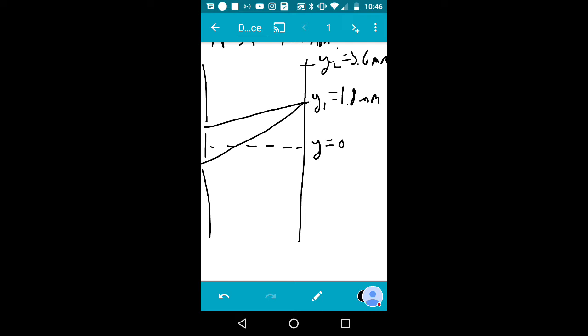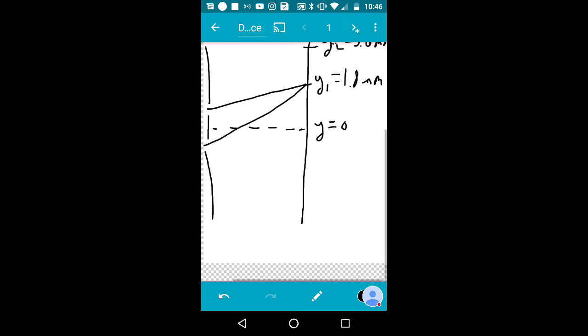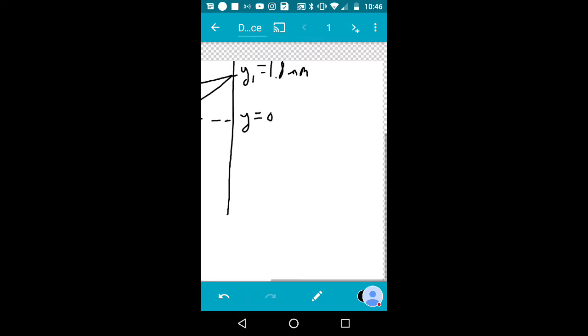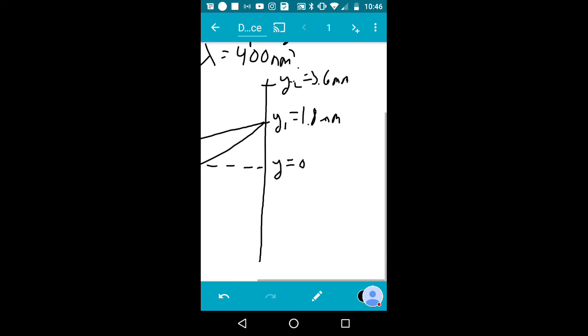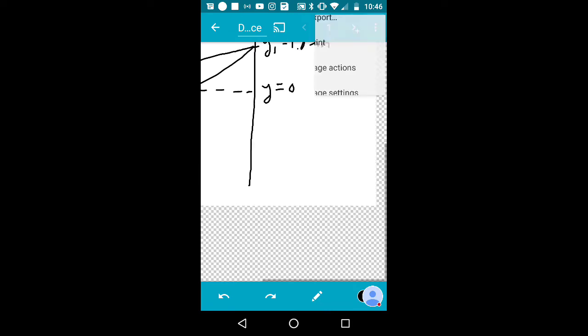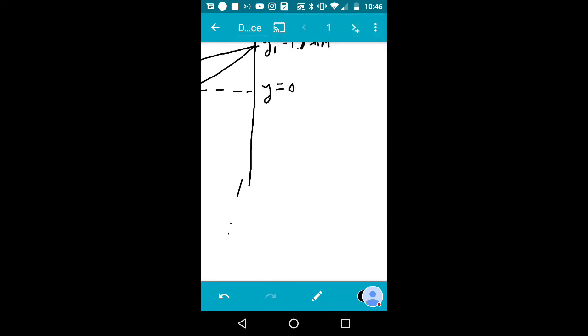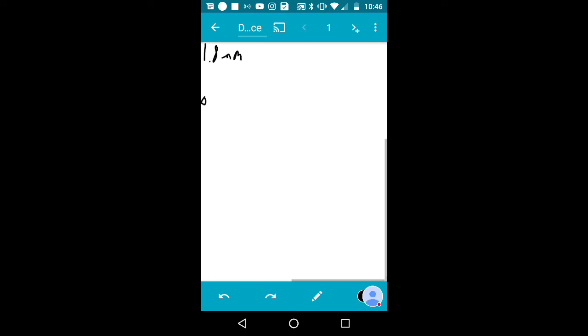So our next thing we're going to do is write down the equations for a double slit experiment so we can figure out what we're working with. So I'm just going to scroll up. I'm not very familiar with scrolling in Squid. All right.